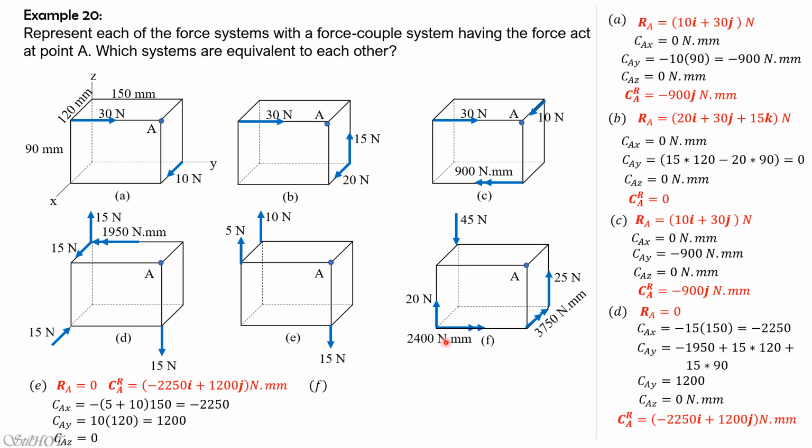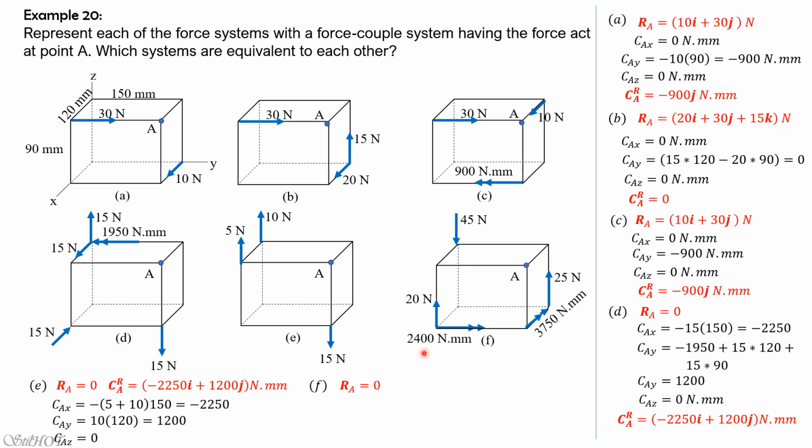So the resultant force in F is 0. Then for CAX, this is the AX axis. So we have positive 2,400, that's given. Then this 25 Newton force passes through AX, so it's 0.